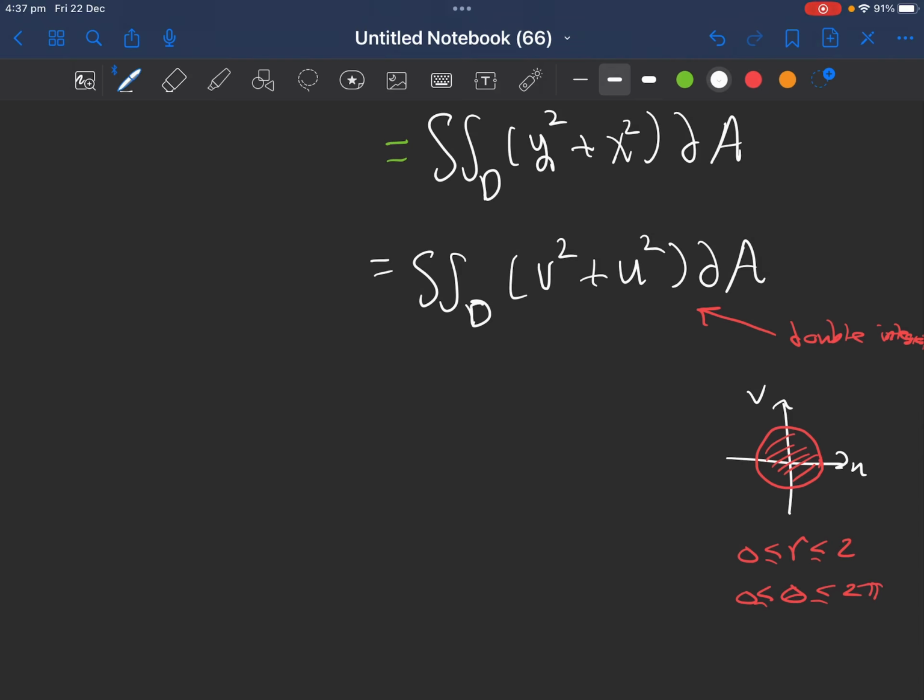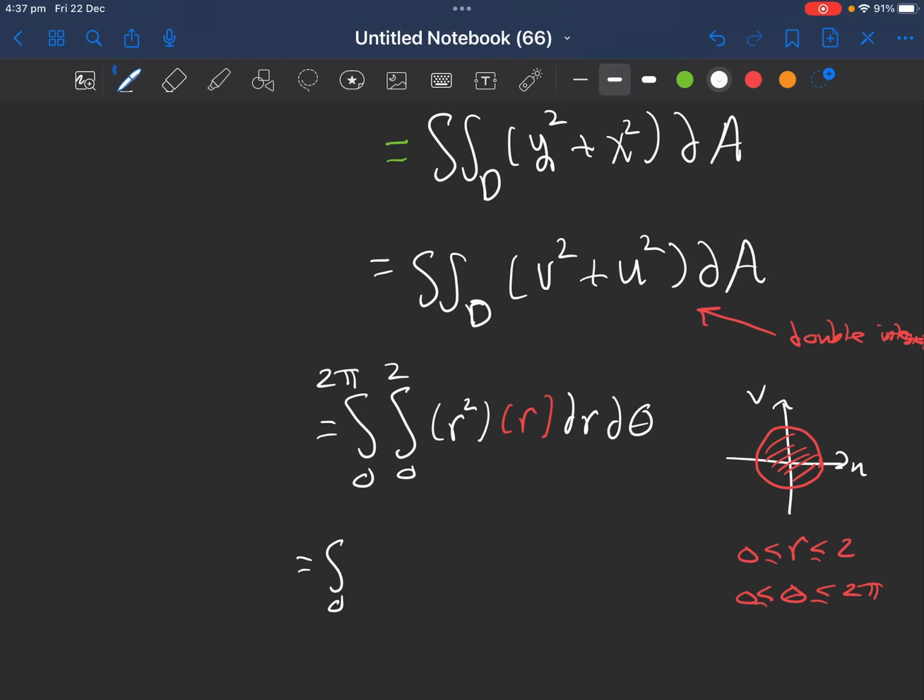So if we just transfer this to polar coordinates, this integral will be from 0 to 2 pi, integral from 0 to 2. Now v squared plus u squared will just give me r squared. And then there is an extra r because I'm changing to polar coordinates.